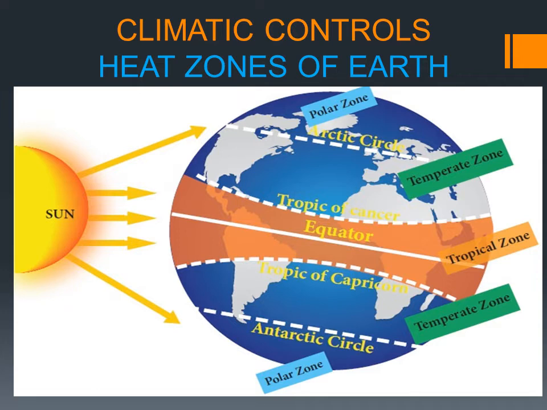In the same way, the Tropic of Capricorn to the Antarctic Circle is the south temperate zone, and from the Antarctic Circle to the pole, it is the south polar zone. This plays a very important role in the climate condition of a particular place.